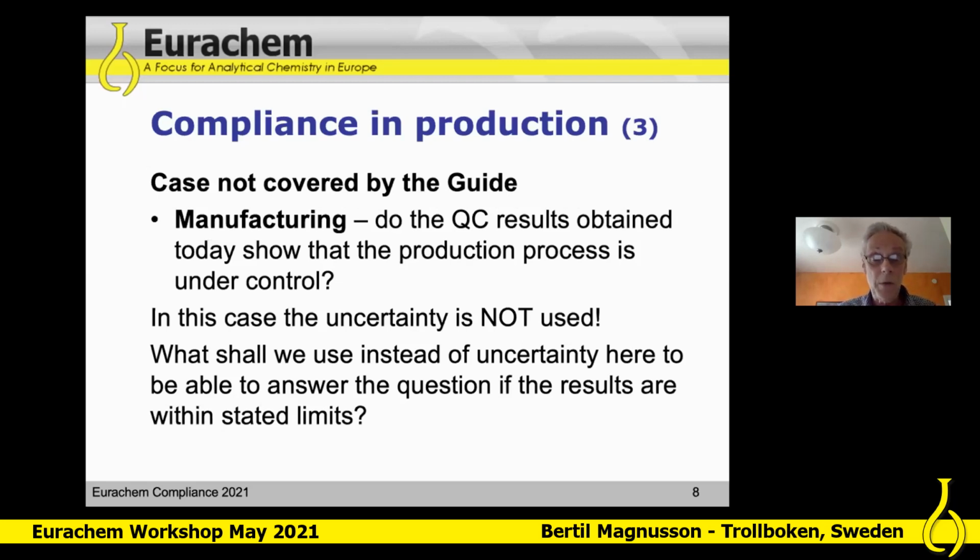We would look at another factor. Is there anyone who has an idea what, instead of uncertainty, we shall use in order to estimate if this result is within or without a normal production batch? Miloslav or David or someone can maybe read in the chat for me.